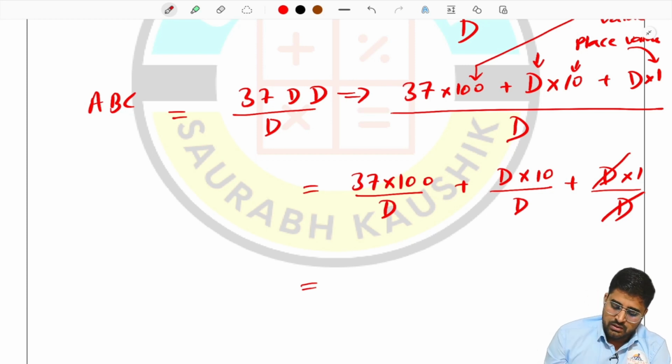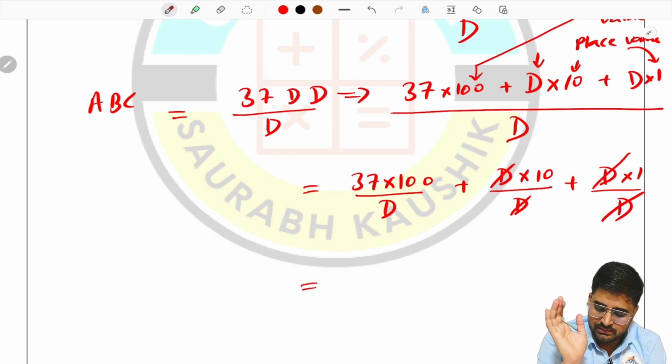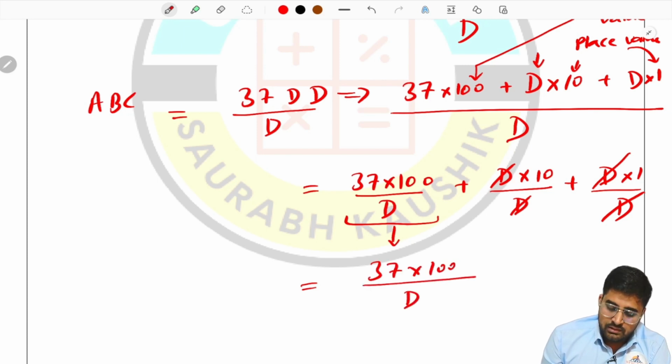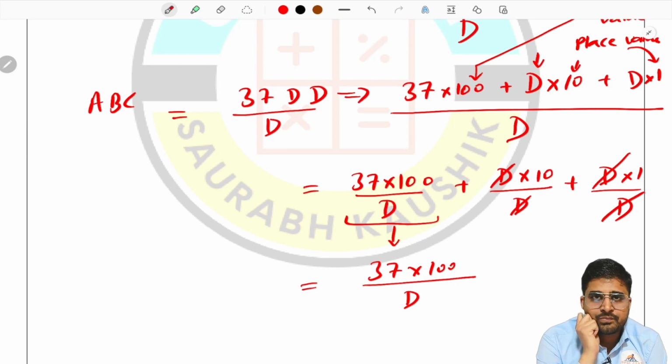Now here also at the 10th place D is divisible, which means this number, 37 into 100, is also divisible by D. As we have discussed, 37 itself is a prime number. A prime number can be divided only by 1 or the number itself.